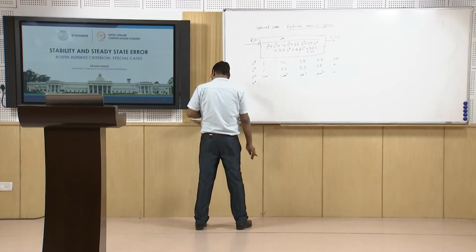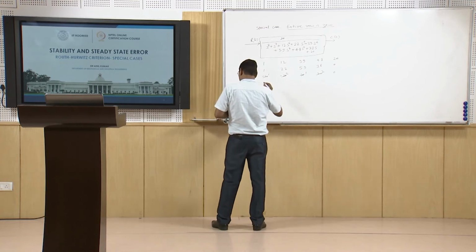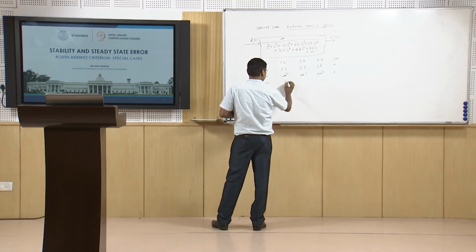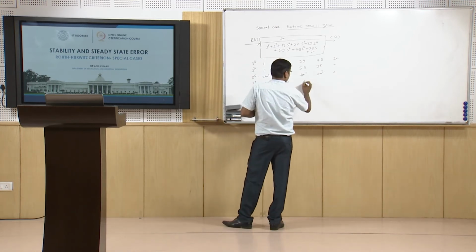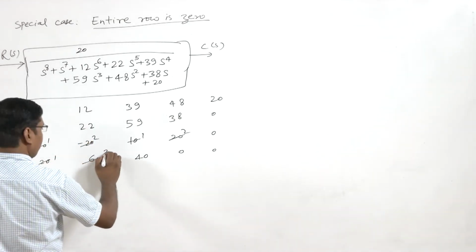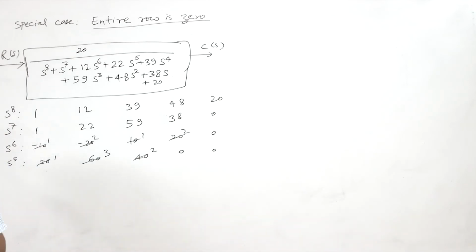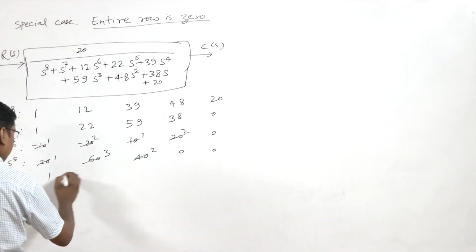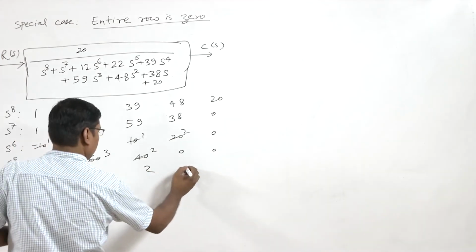So S power 5 we get 20, 60, 40, 0, 0. Again we take 20, so 1, 3, 2, 0, 0. Then S power 4, so 1, 3, 2, 0, 0.